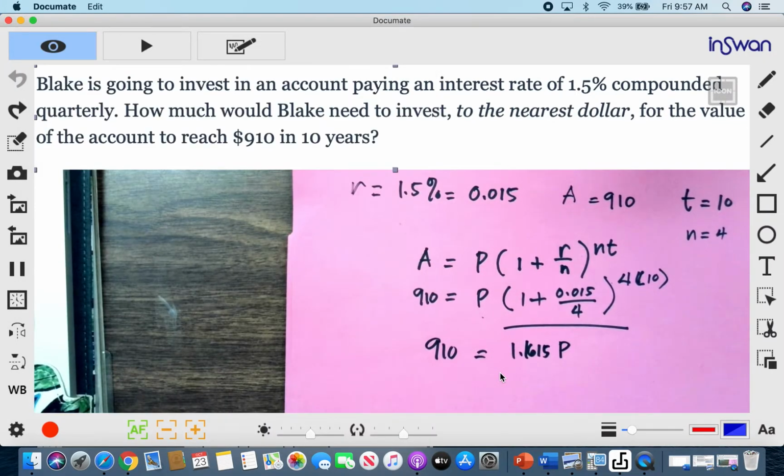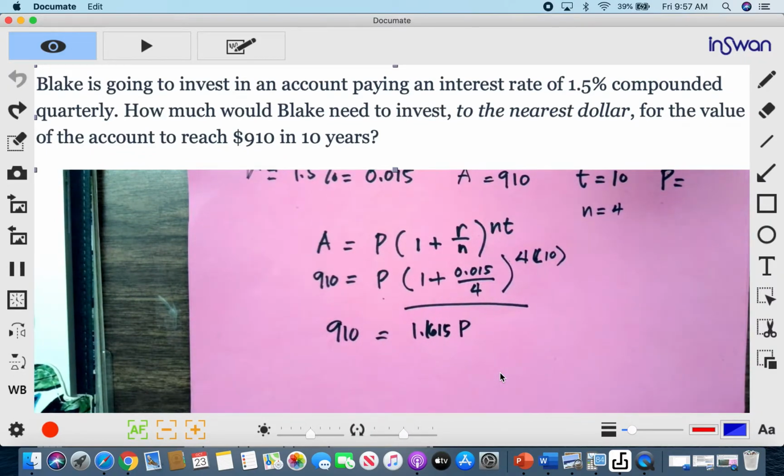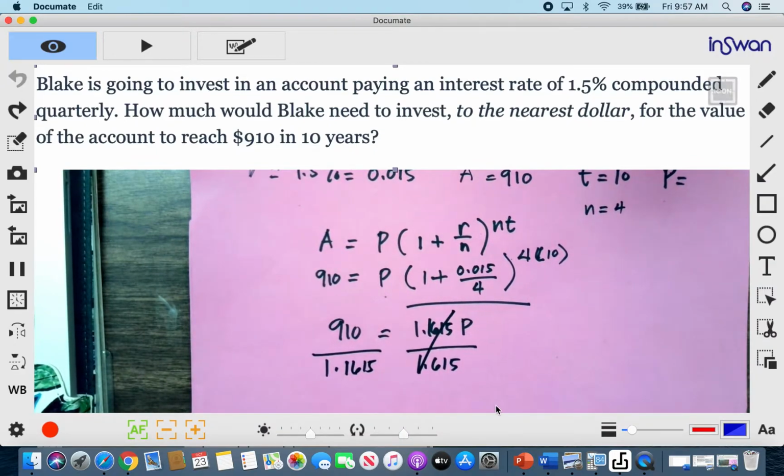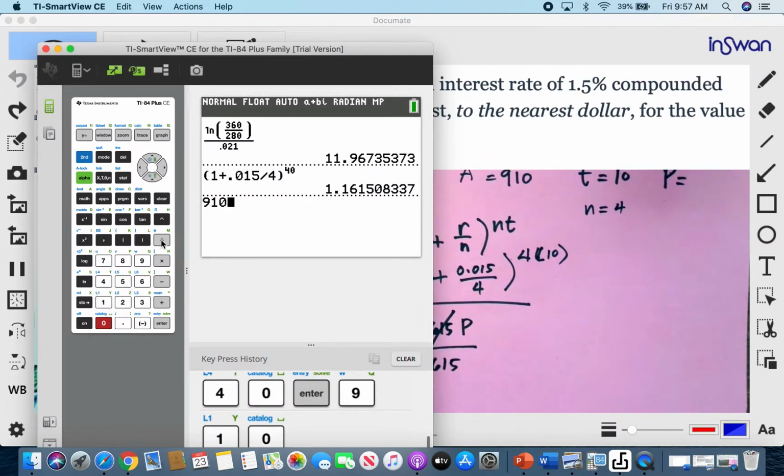Okay, and so we don't actually need any sophistication in our solution because all we need to do is to divide the whole equation by 1.1615 because our purpose is to isolate P. So therefore, our answer will be 910 divided by that value.